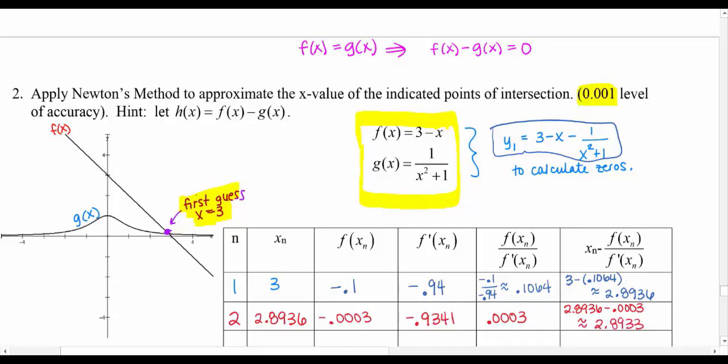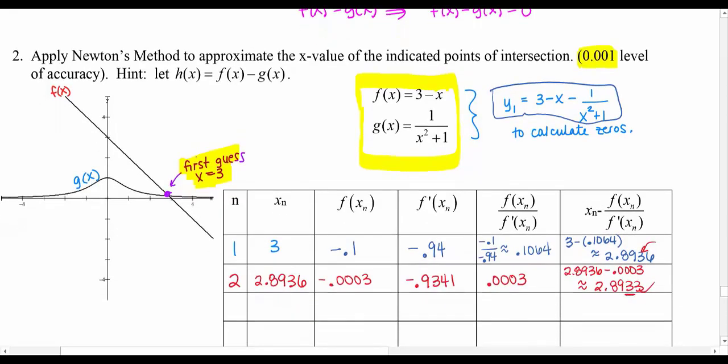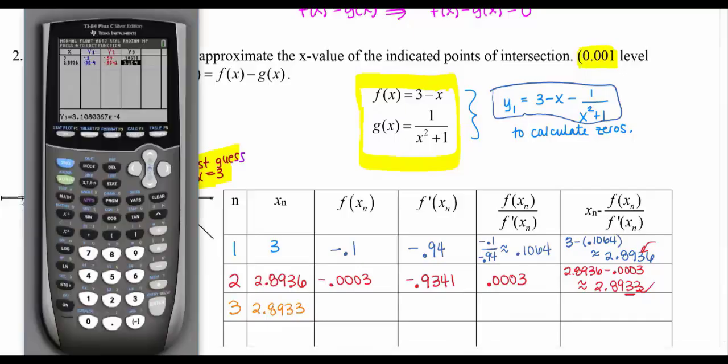Now technically this one rounds to a 4 while this one is going to round to a 3. So I would do one more iteration just to be safe here with the 2.8933 and to see where we end up with that one. So you can pause and try to do this on your own if you'd like. Otherwise I'm going to fill this in for us.